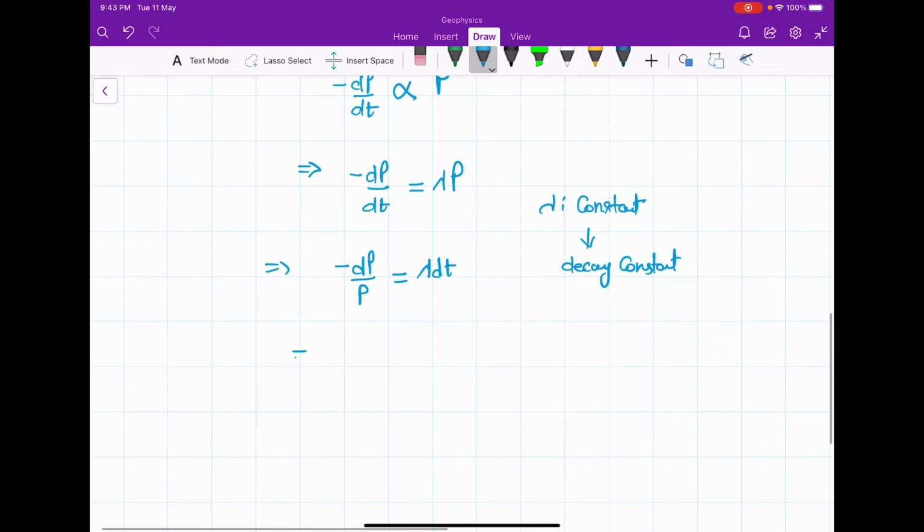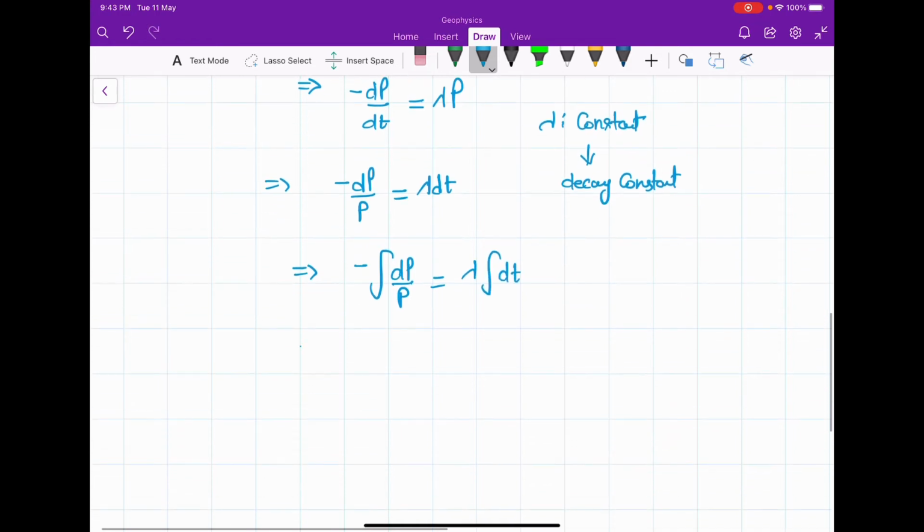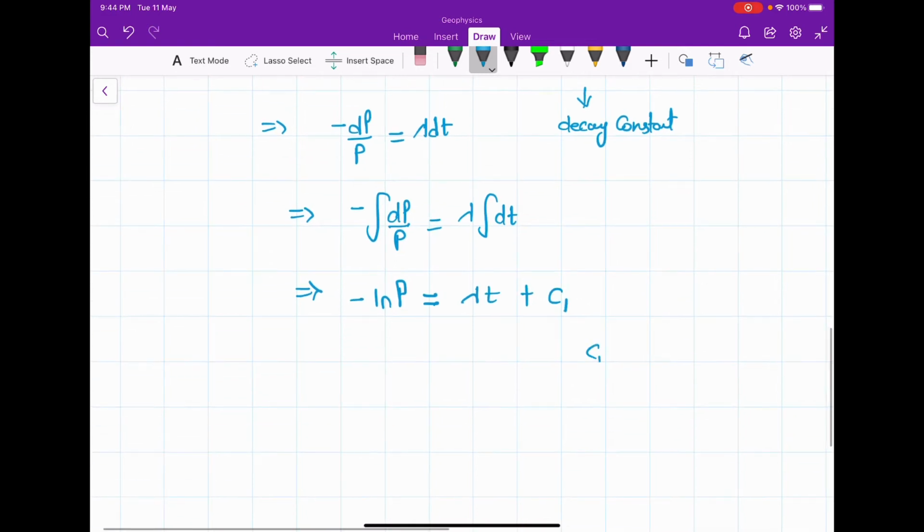If we integrate, minus dP over P equals lambda dt, that will give minus ln P, where the base of the log is natural, that is e, equals lambda t plus some constant c1, where c1 is the constant of integration.